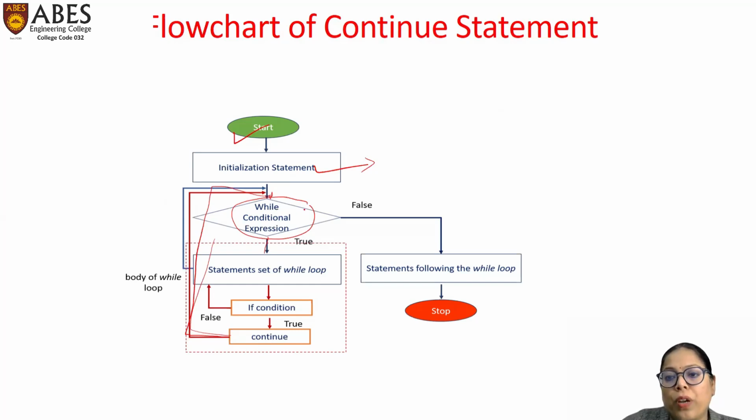And if the condition of while is false, we already know that it terminates there and a statement following the while loop is being executed and we stop. So the main task of continue statement is that once it finds the continue, it immediately goes to the starting just after the initialization statement.